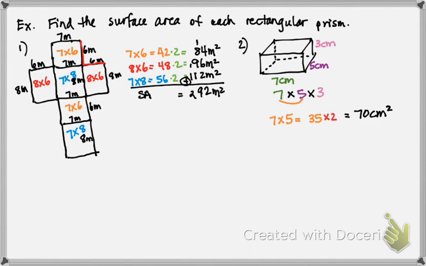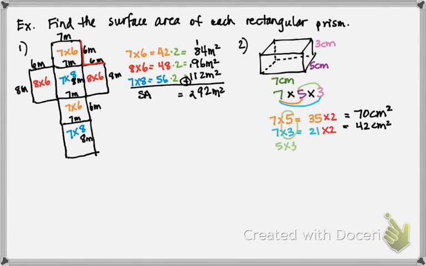Next, I'm going to pair up the 7 with the 3. And that's going to give me 21, but I have 2 of those. So that gives me 42 square centimeters. And then my final way is to pair up the 5 and the 3.